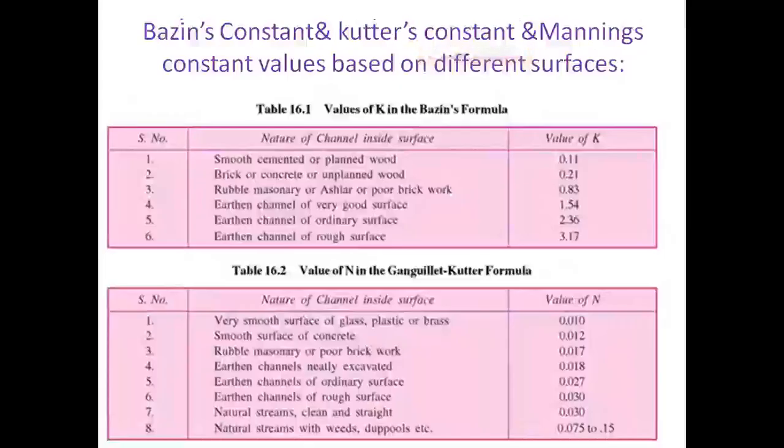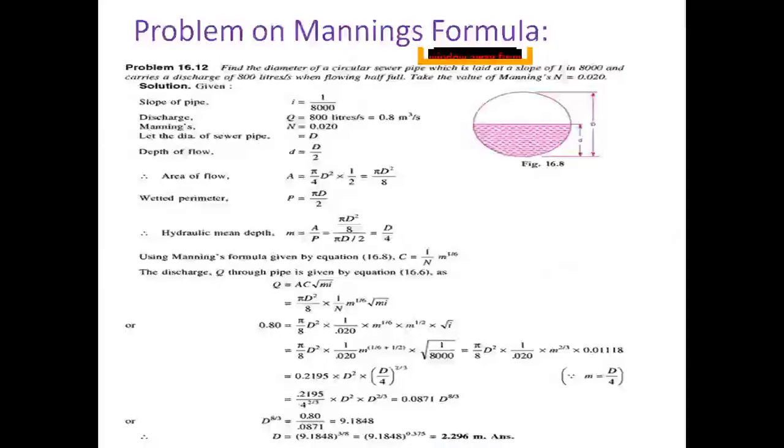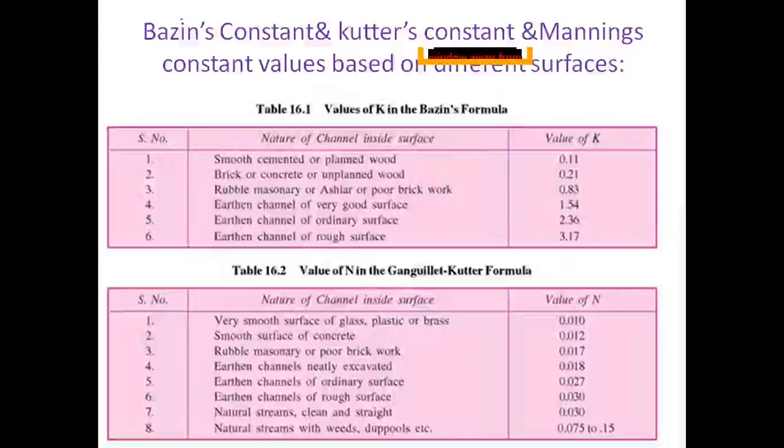Next, these are the constants: Manning's constant and Ganguillet-Kutter formula constant, and the second one is Bazin's constant. The Ganguillet-Kutter formula constant value is also taken as n, and Manning's constant value is also taken as n. For both, these values are the same.